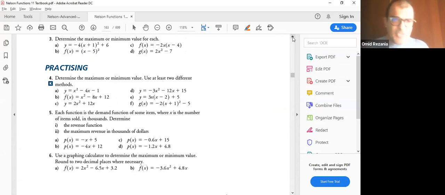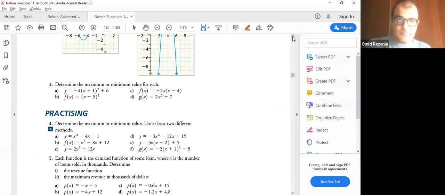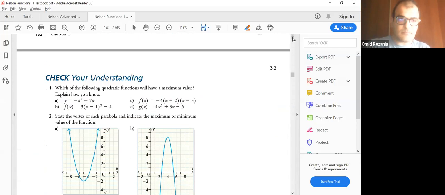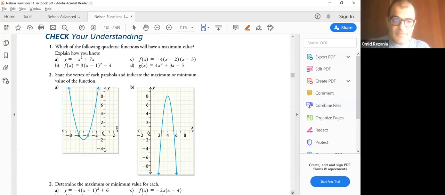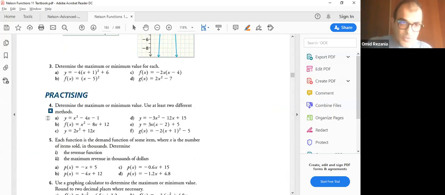Use the methods that we learned today to solve question number 4 and question number 5, and please send it to me on Schoology. The homework for tonight is question number 4 and question number 5, page number 153 of the textbook.